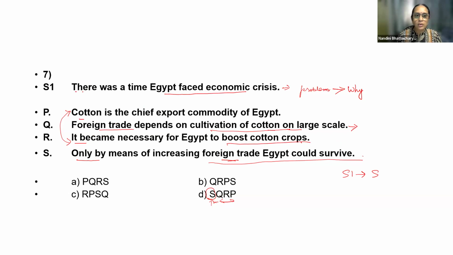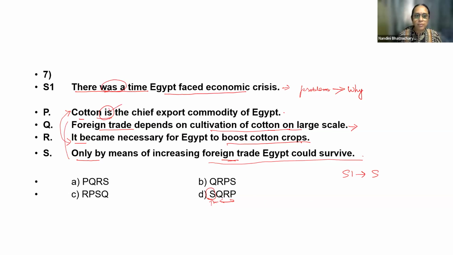Now, if you see, it begins with "there was a time." And if you look at P, "cotton is the chief export commodity of Egypt." From "there was a time" to the solution to the problem, and then what is happening at present.